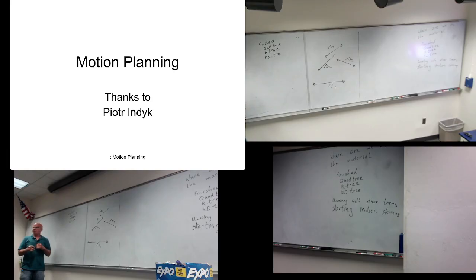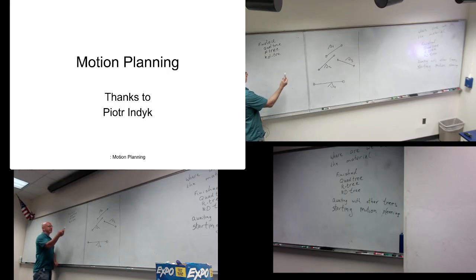And we want to start motion planning today, but before that I thought I'll give a very brief overview of the types of trees that we were playing with, and what is unique to each one of them. So quad tree can take as an input any type of data: triangles, points, images, other shapes.